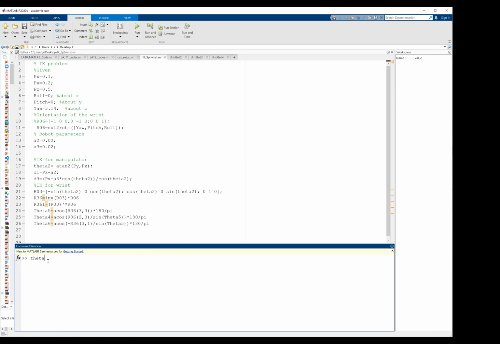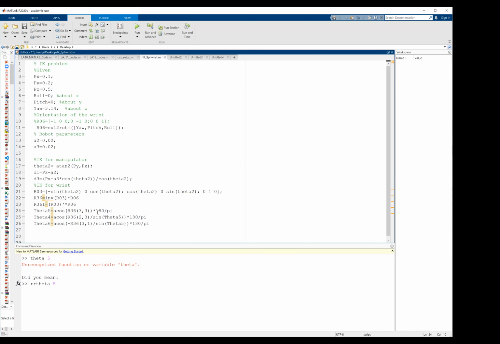So theta 5. If you add these, I'll just leave it here for your reference. We want to convert that to degrees, or if you want them in radians, save. So let's find out R06.